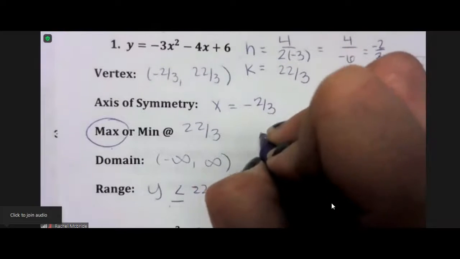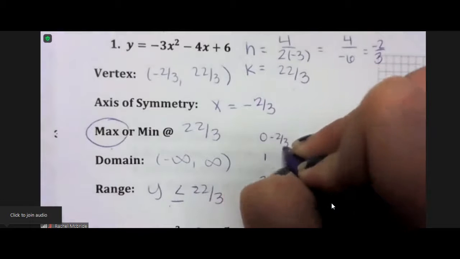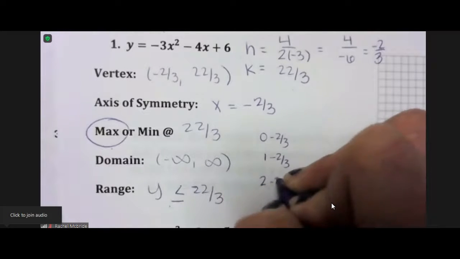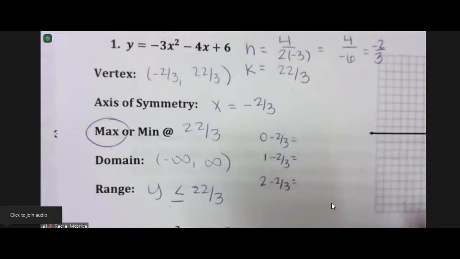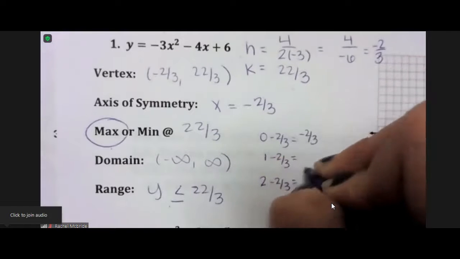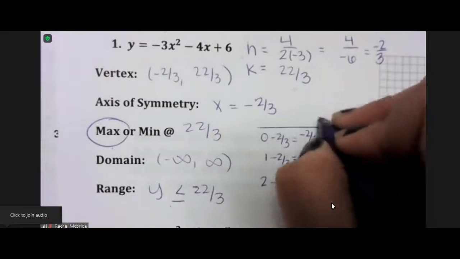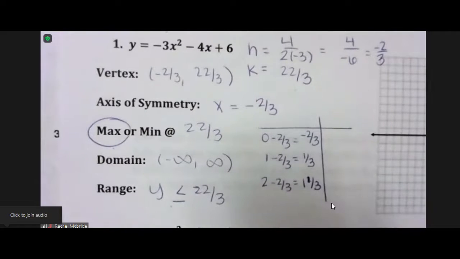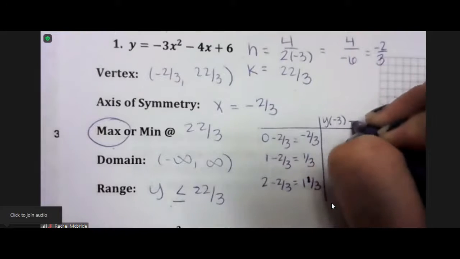Creating the table, you have 0, 1, 2. Adding h to that. Create some fractional points, and then doing y plus k.